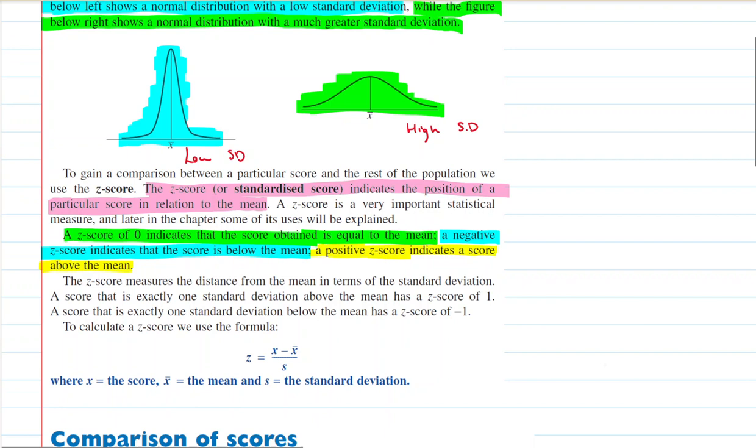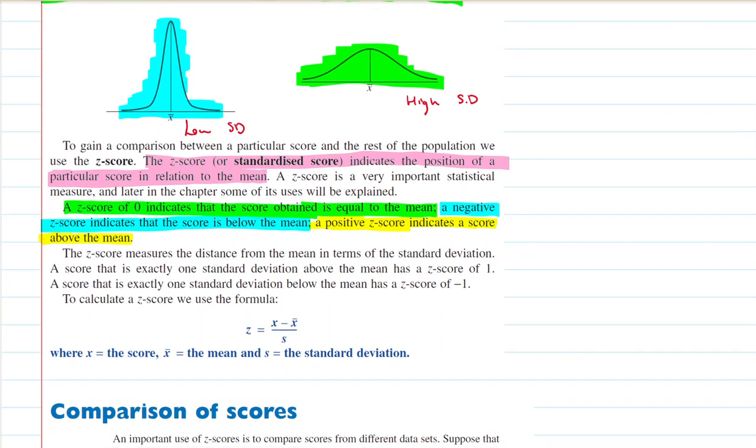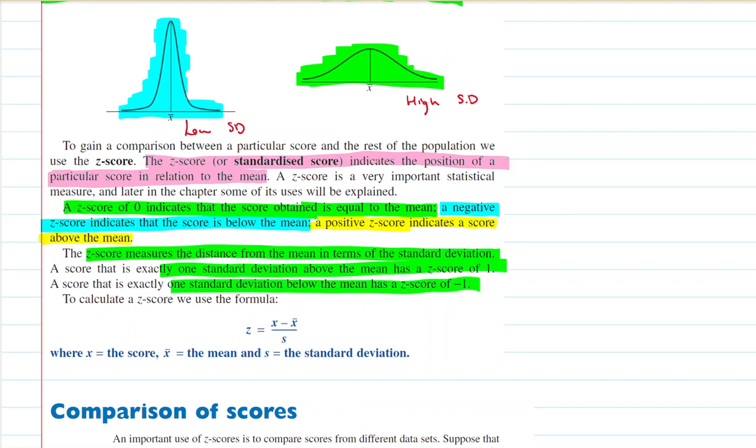Like I said, it measures the distance from the mean in terms of standard deviation. A score that is exactly one standard deviation above the mean has a z-score of 1, and if it is one below the mean, it has a z-score of -1.